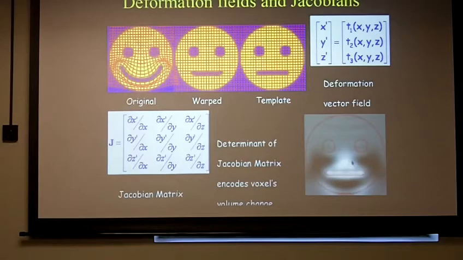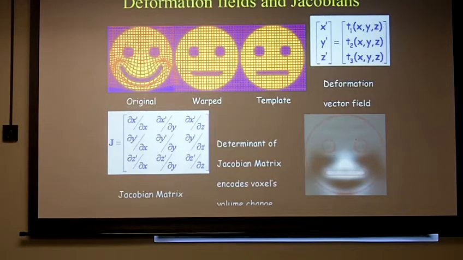The brighter means you have to expand that area, and the darker means you have to contract that area, or vice versa. It's not critical.